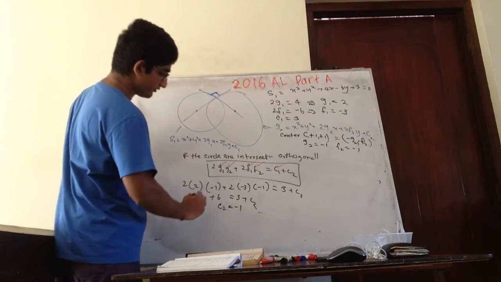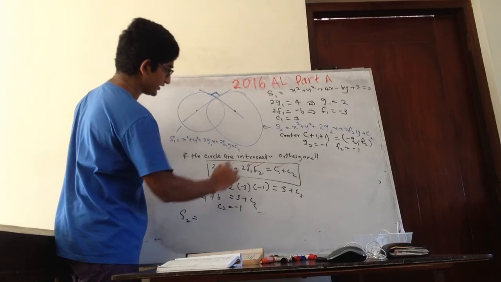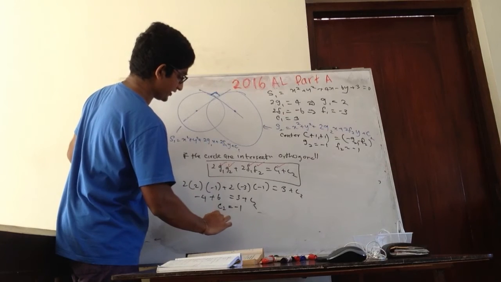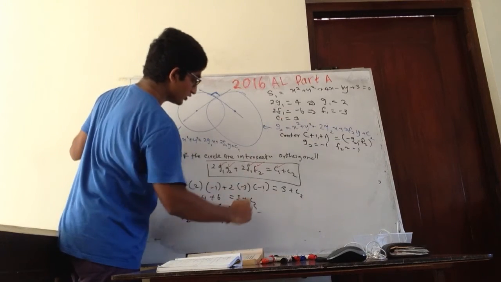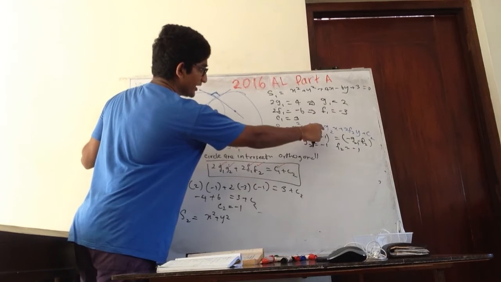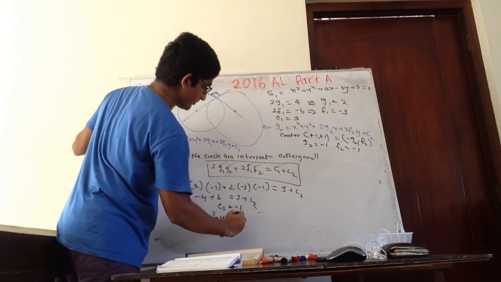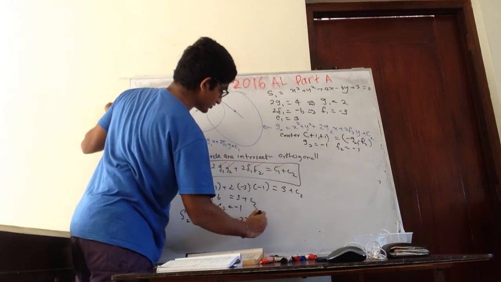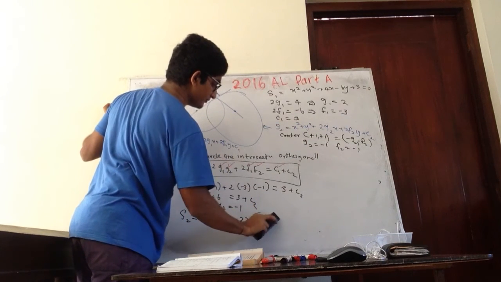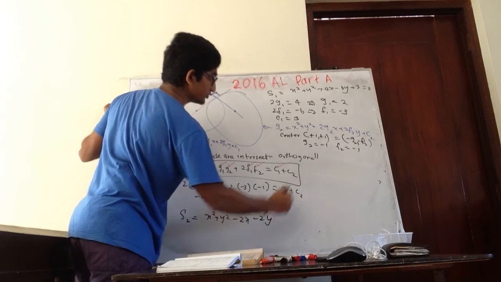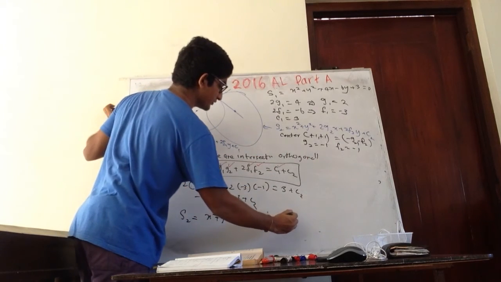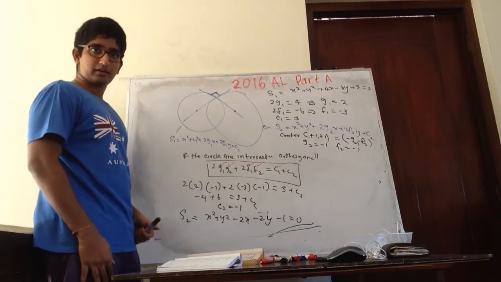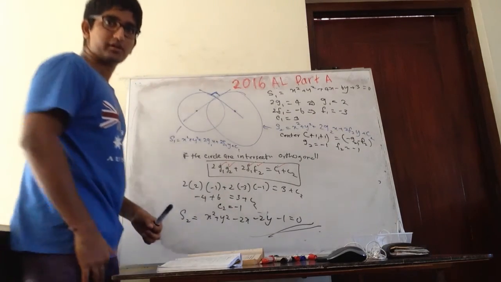Right now? So then what is S2 now? S2 can be written as x squared plus y squared, g is minus 1, so 2 times minus 1 is going to be minus 2x, and minus 2y. So now c2 is minus 1. Right now, clear? Right.